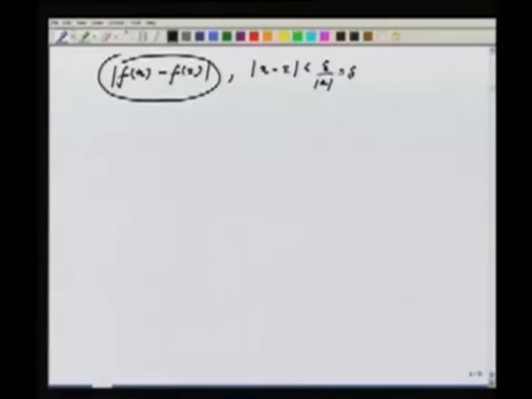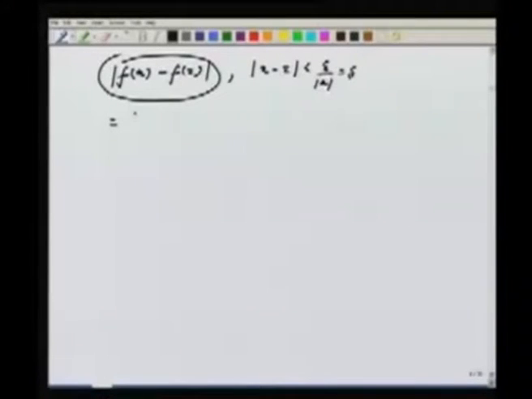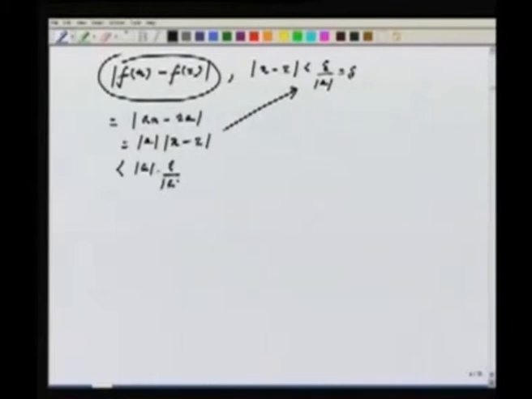The way I got delta, now I will go in the reverse direction, which is easy, because this quantity is just |ax - 2a|, which is |a| times |x - 2|. But |x - 2|, I already know is less than epsilon / |a|. So this quantity is less than |a| times epsilon / |a|, which is equal to epsilon. And this is precisely what I wanted to prove. I got a delta, my value of delta is epsilon / |a|, and if |x - 2| is less than this delta, I can prove that |f(x) - f(2)| is less than epsilon.